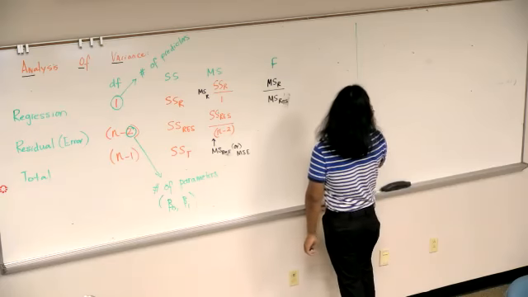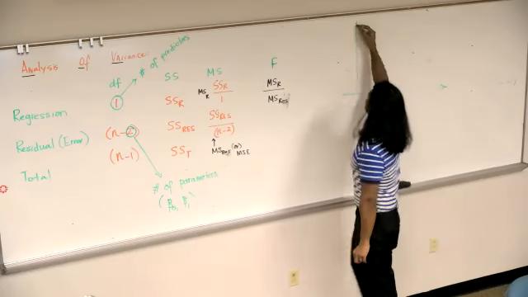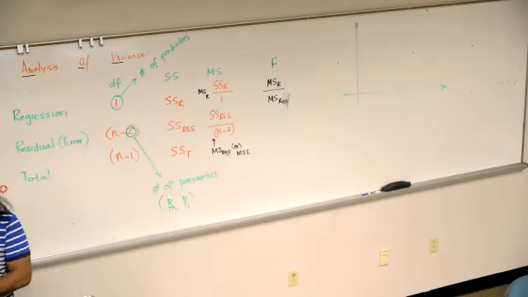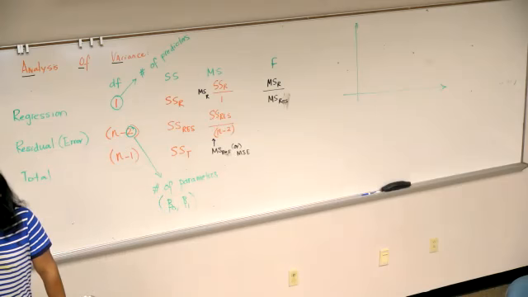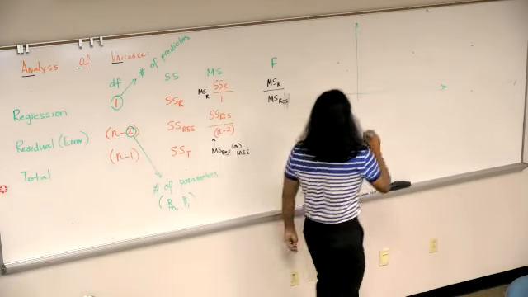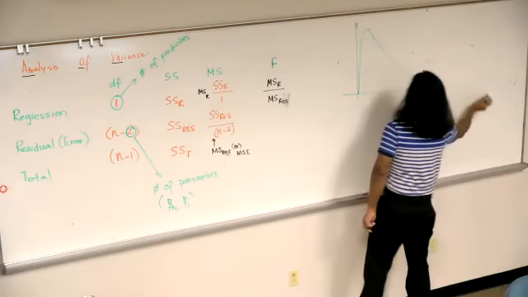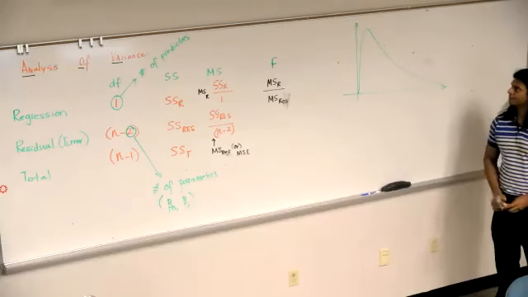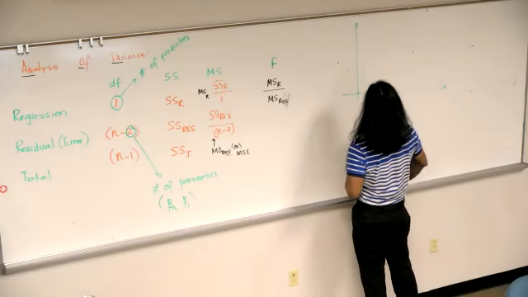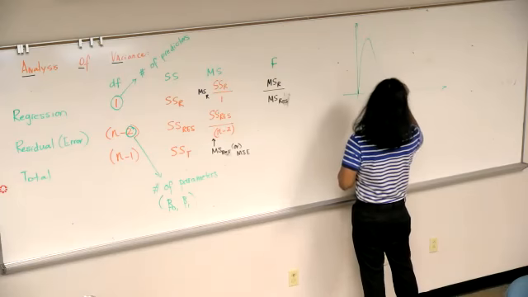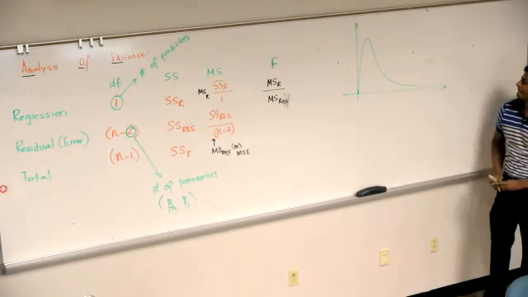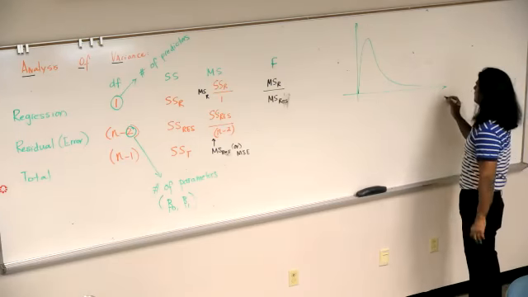If you have a distribution that is lopsided, in other words, all positive, we call it a skewed distribution. In this case, it is right skewed. And of course, it's going to go towards 0.